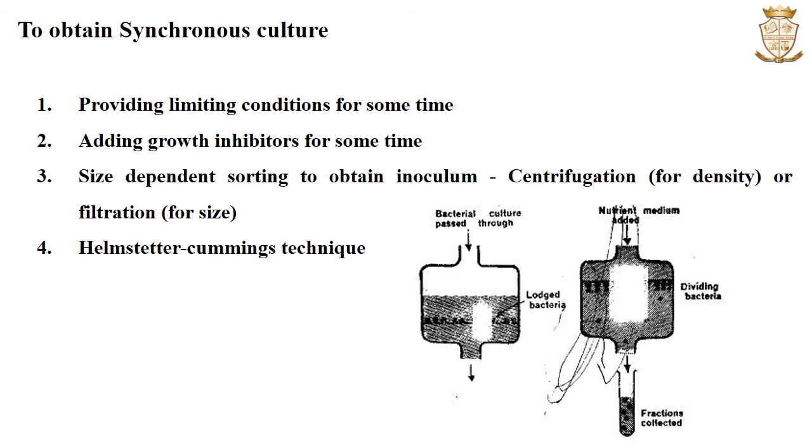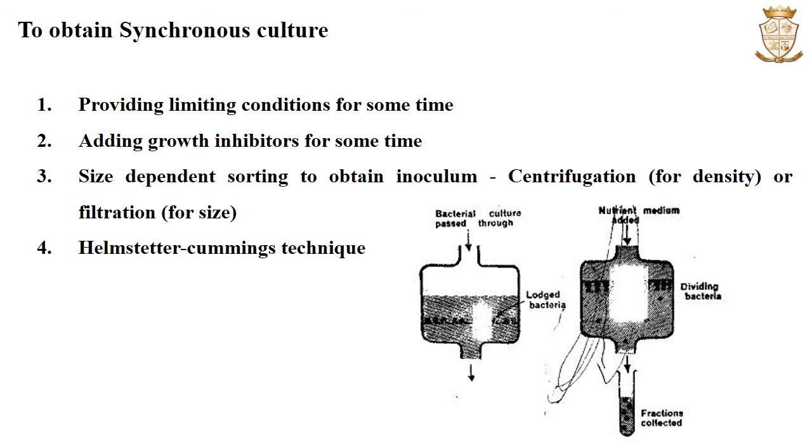So, these are the different techniques to obtain a synchronous culture. We can provide limiting conditions for some time, and once we reintroduce the growth conditions, then the cells will grow together in a synchronous pattern. If we add growth inhibitors for some time, upon the complete removal of the growth inhibitors from the medium, the cells will start to grow in a synchronous pattern.